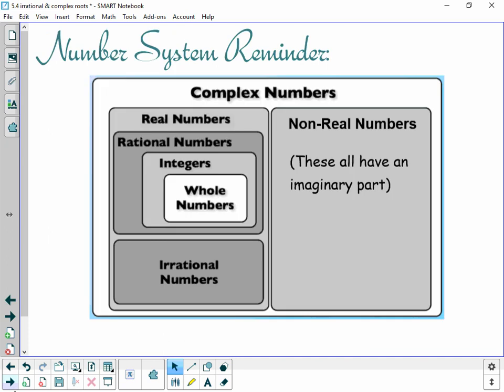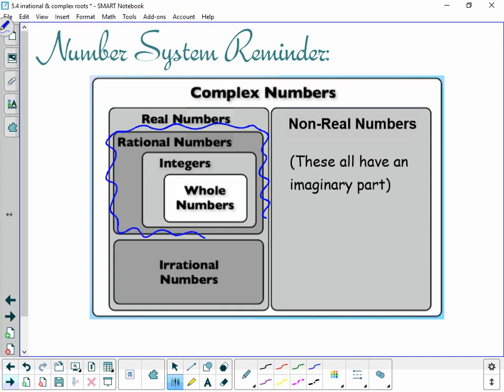What we're going to be doing today in a lot of ways is very, very similar to what we did last time. The difference is that last time our answers were in this portion of the number system. We had roots that were whole numbers or integers or maybe rational numbers when we had roots like 1/3. So all of our answers in the last lesson came from this section of our number system.